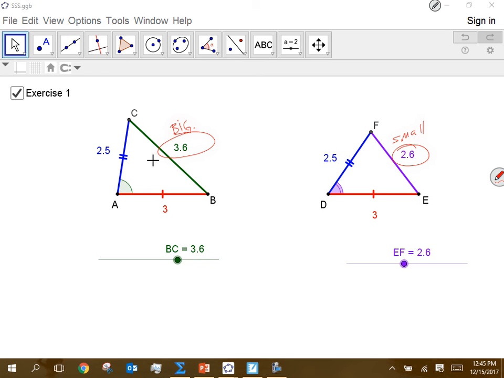That's smaller. So what does that tell me about that angle compared to angle D? It's bigger. Yeah, measure of angle A has got to be bigger than measure of angle D. And that is referred to as the side inequality. Okay? The side inequality is going to allow you to make a comparison about angles. Okay? So let's do an example of that one.